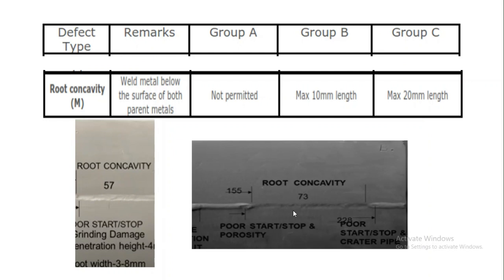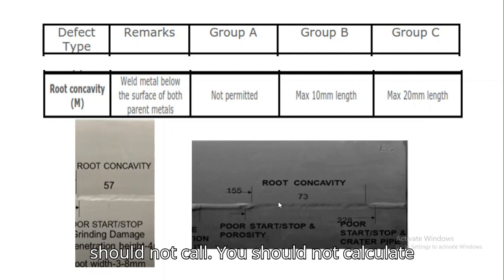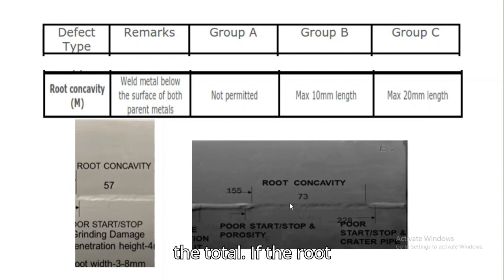In group A, root concavity is not permitted, and in group C a maximum of 20 mm they are allowing. It should be continuous. If it's intermittent, you should not calculate the total. If the root concavity is continuous and more than 20 mm, then it's rejected.